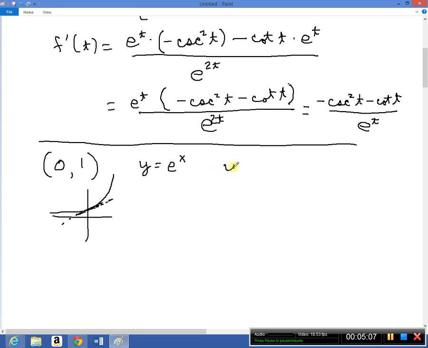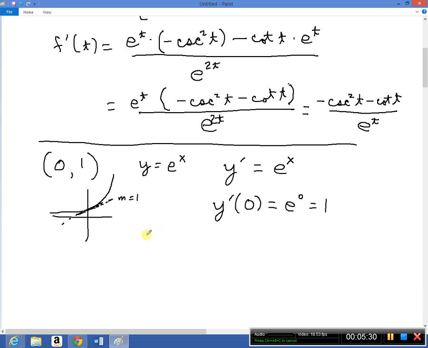Well, the derivative is what gives us the slope of the tangent line. The derivative is e to the x. And we want the slope at that point. Well, this is the slope at every point. So the derivative at the point where x equals 0 is just going to be e to the 0, which is 1. So the slope is 1.